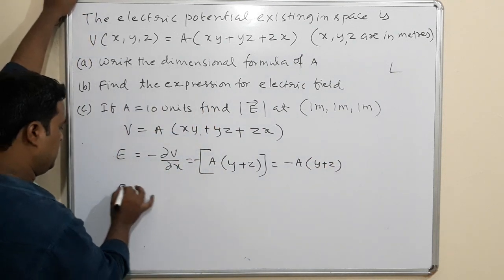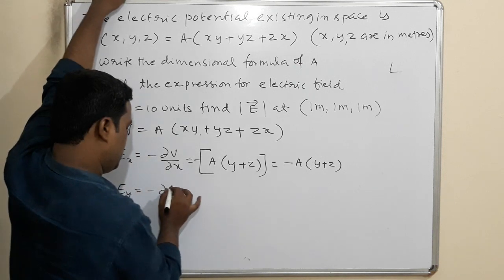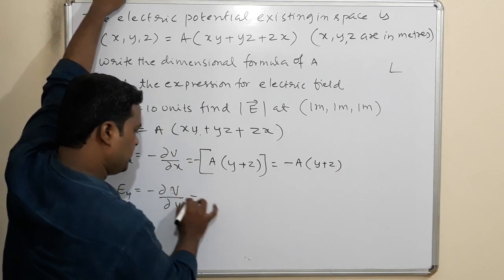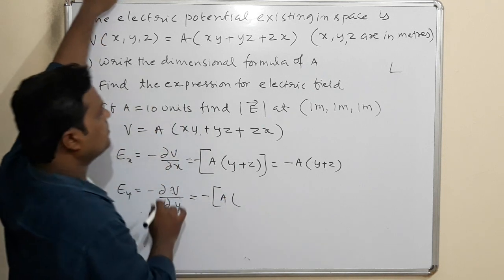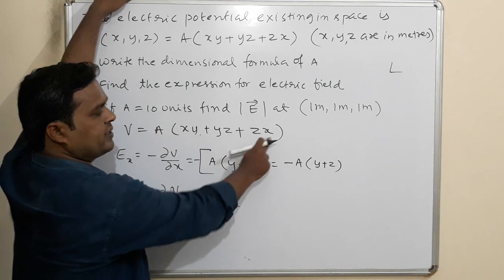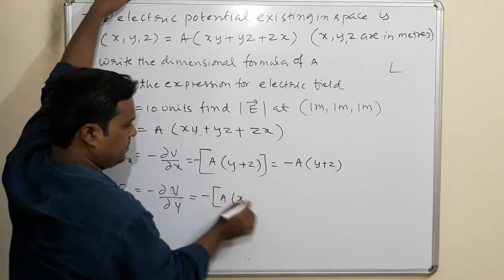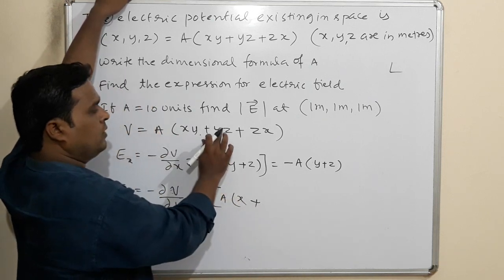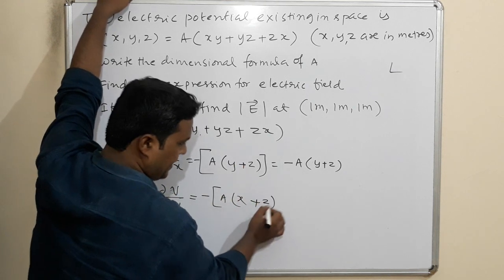Similarly, this is Ex and this is Ey. What is Ey? This will be minus dou V divided by dou y, so minus as it is into A. Differentiate with respect to y. Leave the term where y is not there. X constant, differentiation of y is 1, plus z constant, differentiation of y is 1, z.